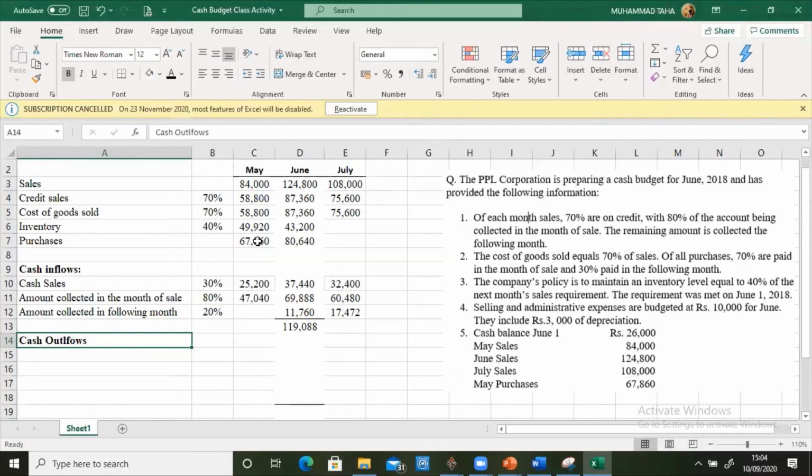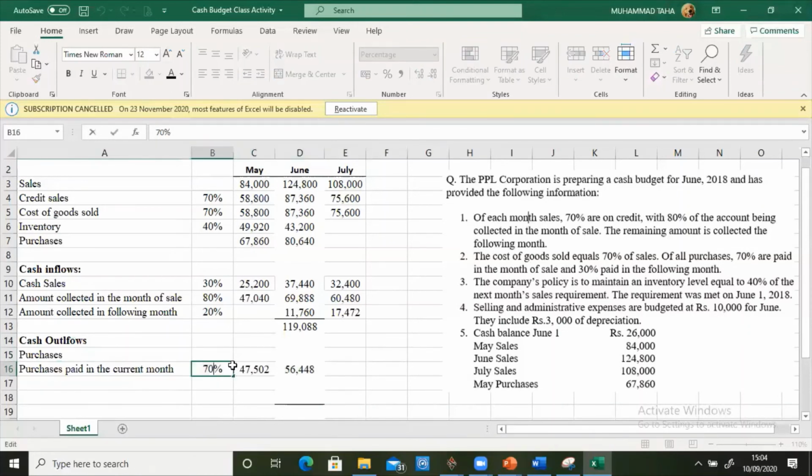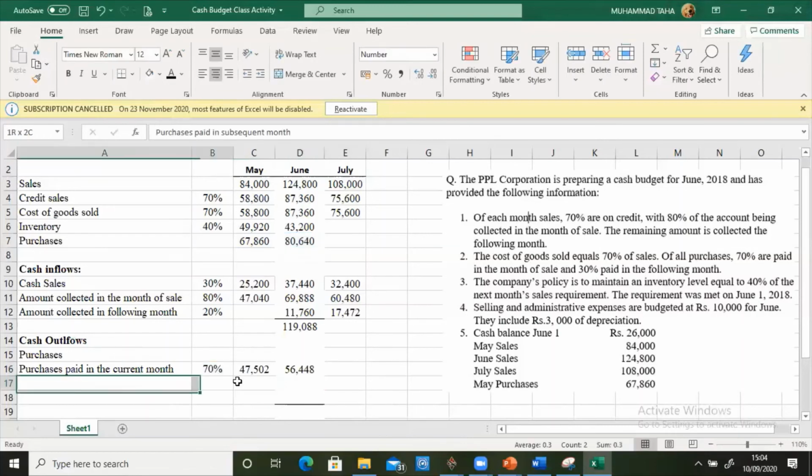So 70% are paid in the same month and the remaining 30% will be paid in the next month.